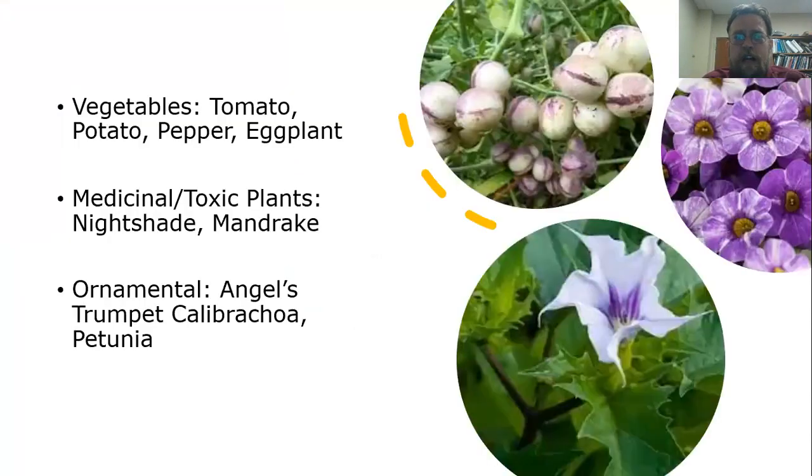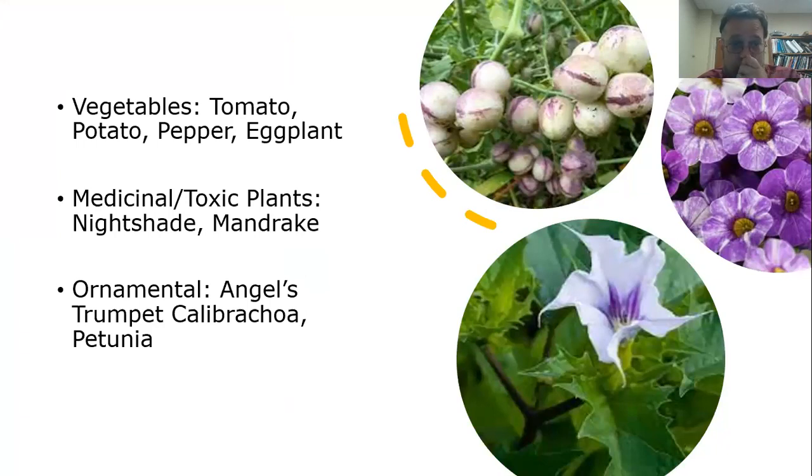Very distinctive flowers. There are a lot of vegetables from the Solanaceae, including tomatoes and potatoes and peppers and eggplant, which many of us have in our home vegetable gardens. The top picture there is one that I really like to include. That is a native Peruvian tomato before many, many, many years of selective breeding to produce our modern tomatoes.